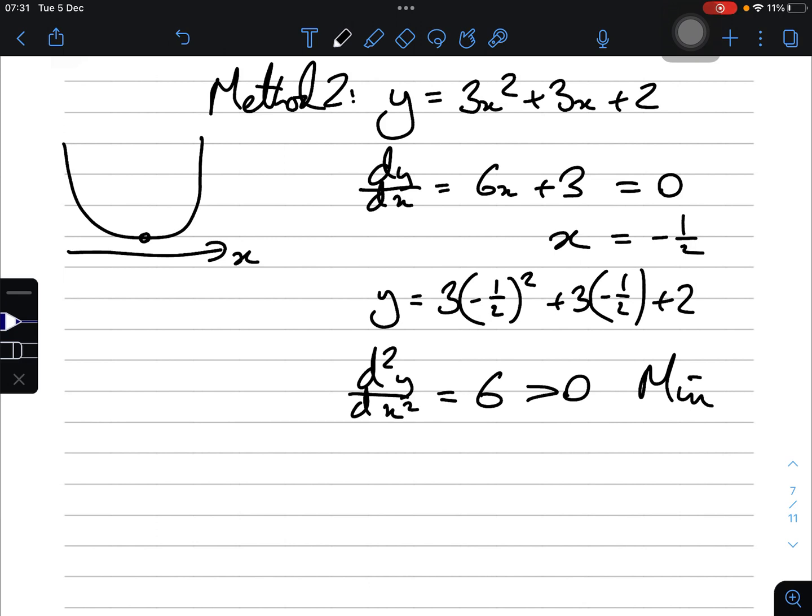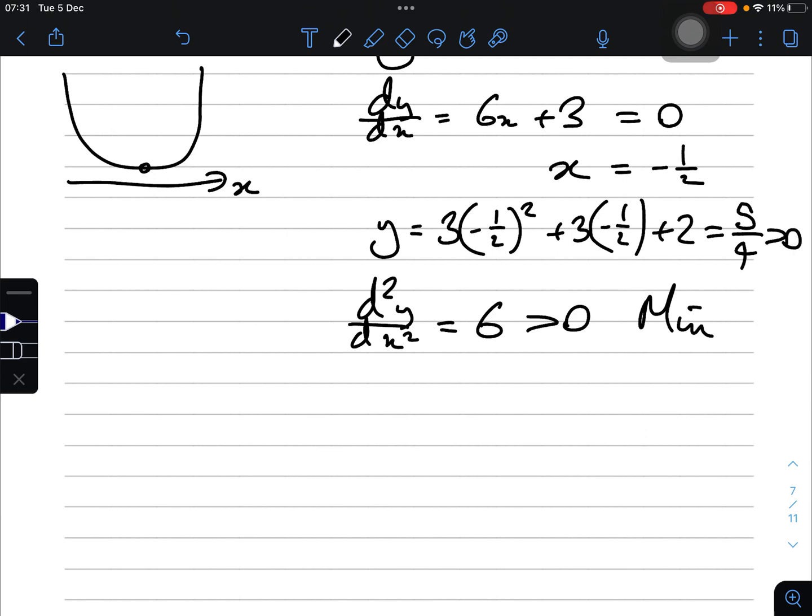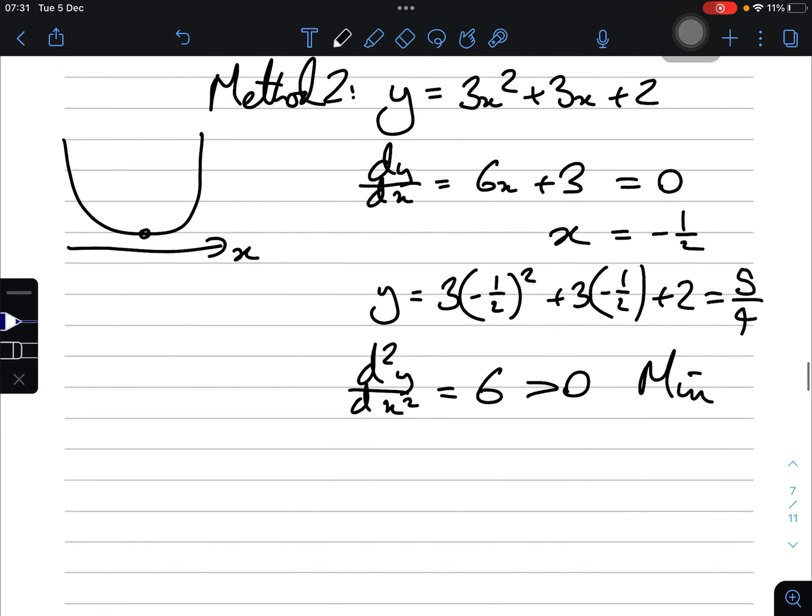So 3 over 4 minus 6 over 4 gets you to minus 3 over 4, plus 2. So 2 minus 3 over 4 would get you to 5 over 4, which is greater than 0. So therefore we've shown that it is above the line.